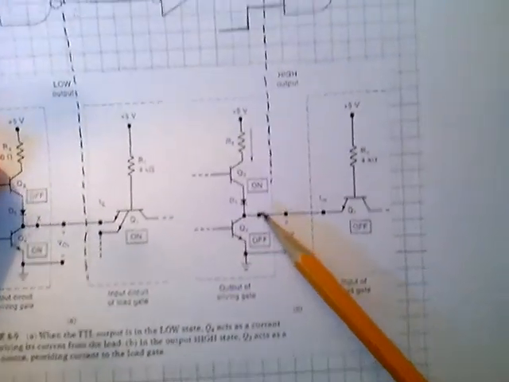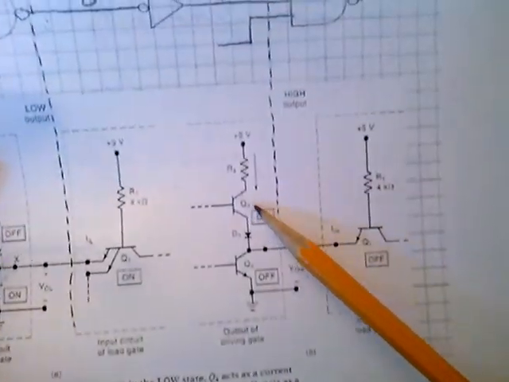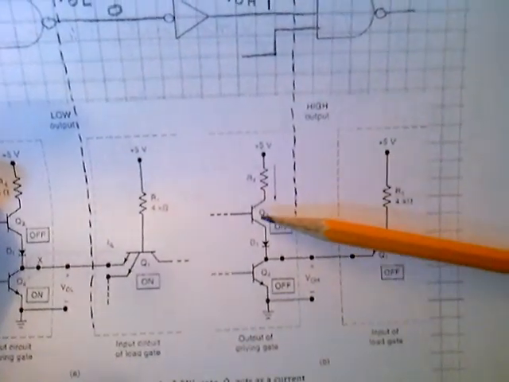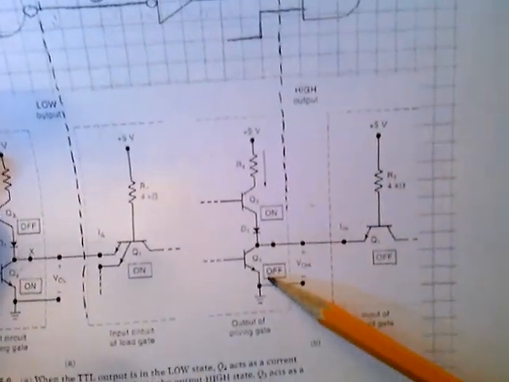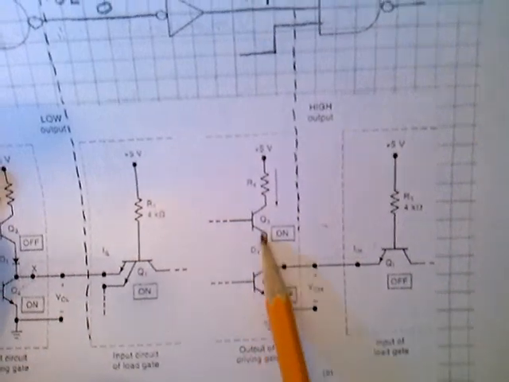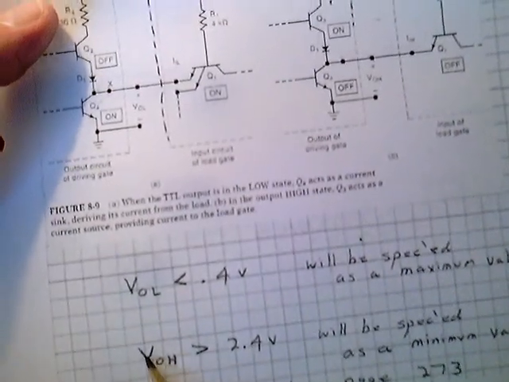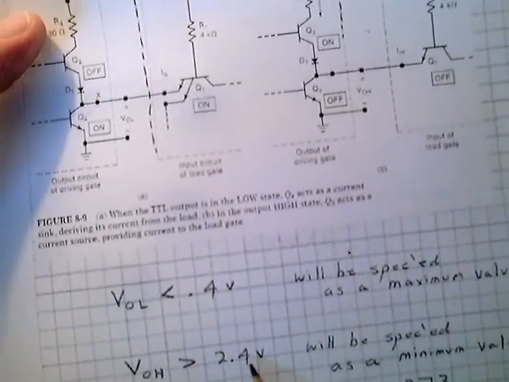In the high level, if you take a look over here, transistor Q3 is turned on. It's in saturation, and the lower transistor is in cutoff. That allows this point to be pulled up. It's not going to go to 5 volts, but the high level output voltage will always be greater than 2.4 volts.